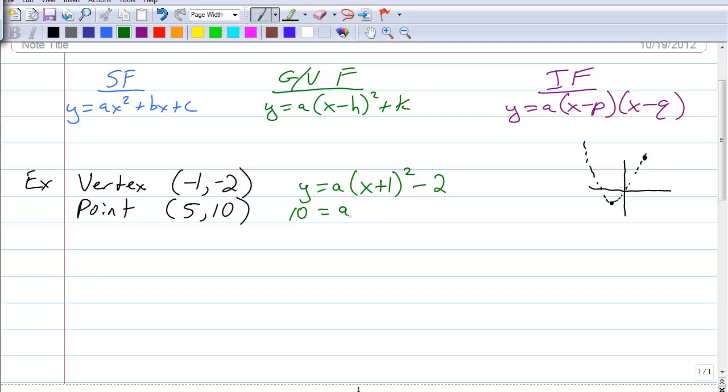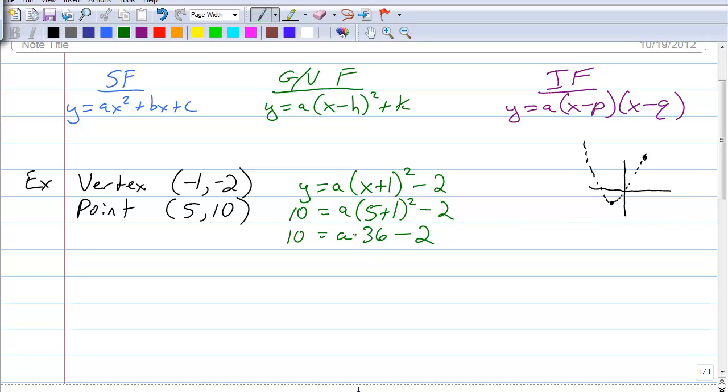10 equals a times the quantity of 5 plus 1, quantity squared, minus 2. Insert the point in for x and y. Then let's simplify here. So we got 10 equals a times 5 plus 1 is 6, squared is 36, minus 2. Now, does that mean that I can do 36 minus 2?